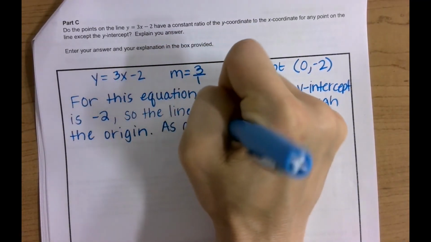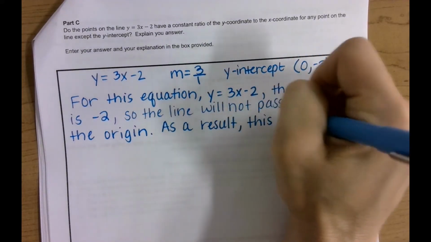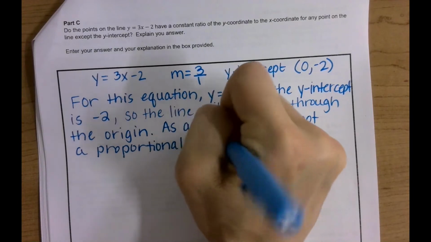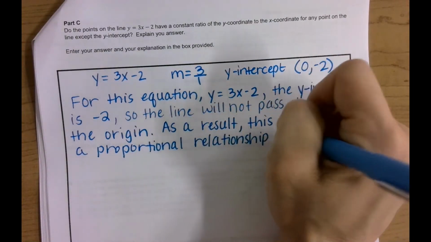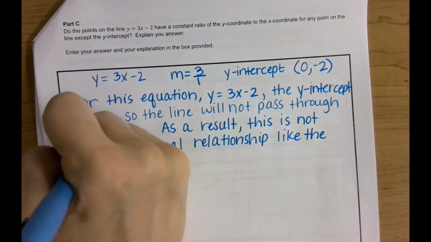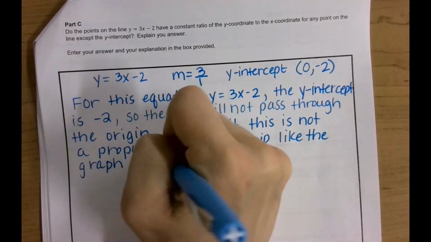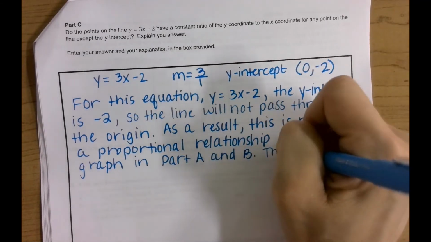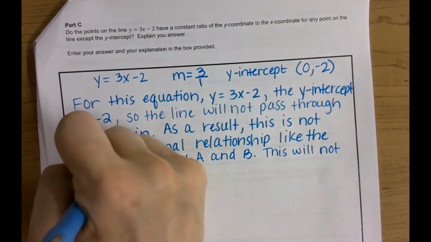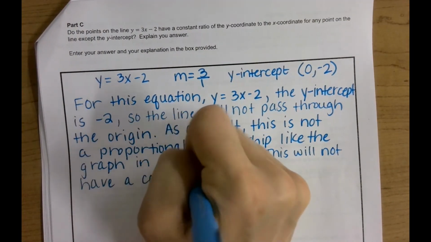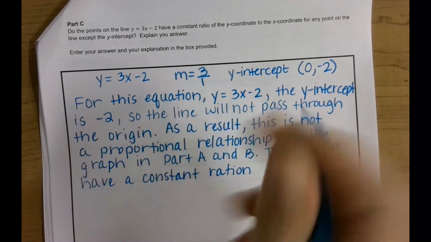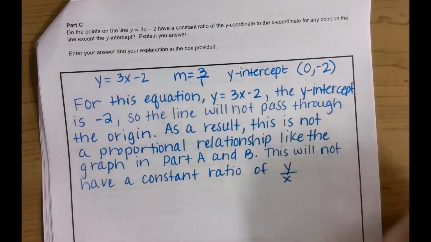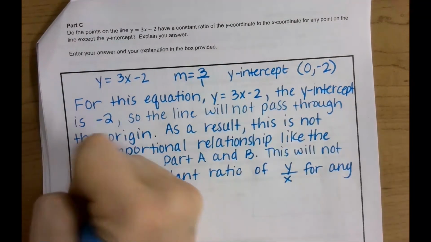As a result, this is not a proportional relationship like the graph in part A and B. This will not have a constant ratio of y over x for any point.